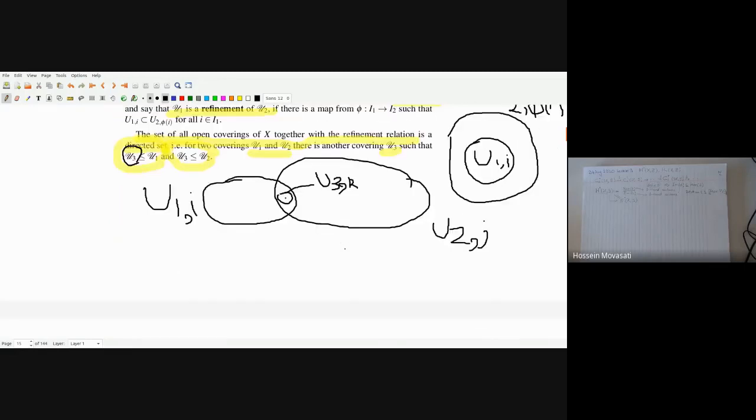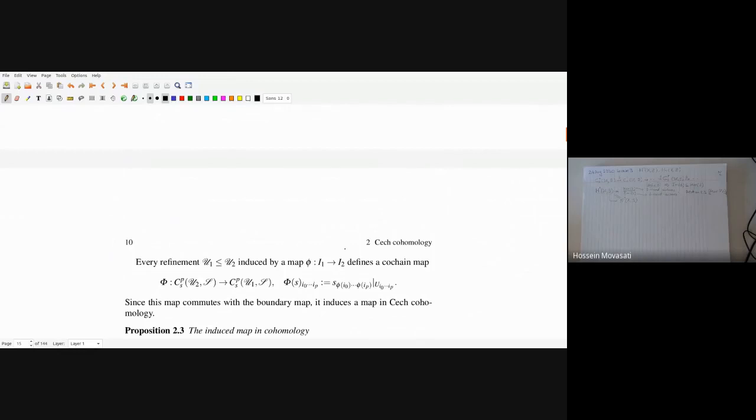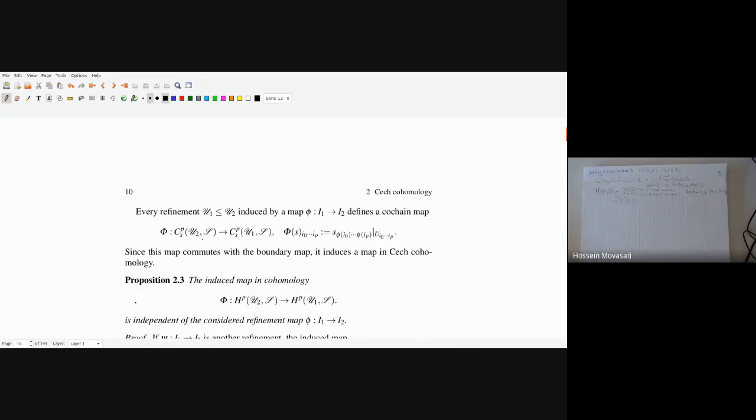So let's see what we want to do. Maybe this one I have to explain in the paper. Something very important: every refinement of covering will induce a cochain map. Let me explain in the paper what it means, cochain map.